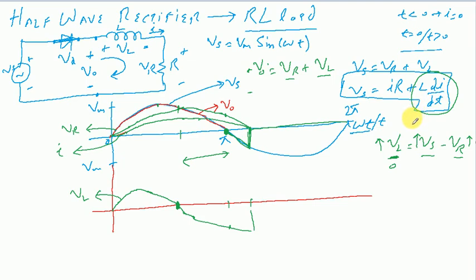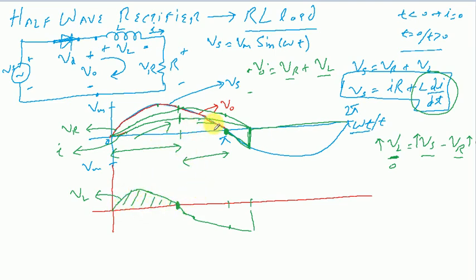And as soon as the current starts to fall, with a decreasing slope, the voltage across the inductor will become negative. So up till this point, this is the time interval in which the current is rising. The voltage across the inductor during this whole interval is positive.